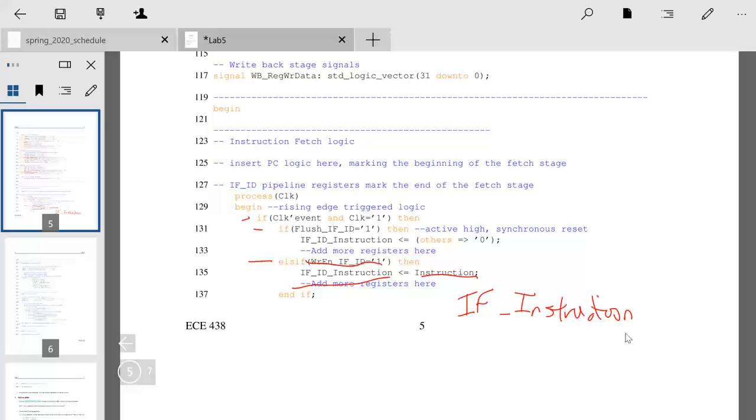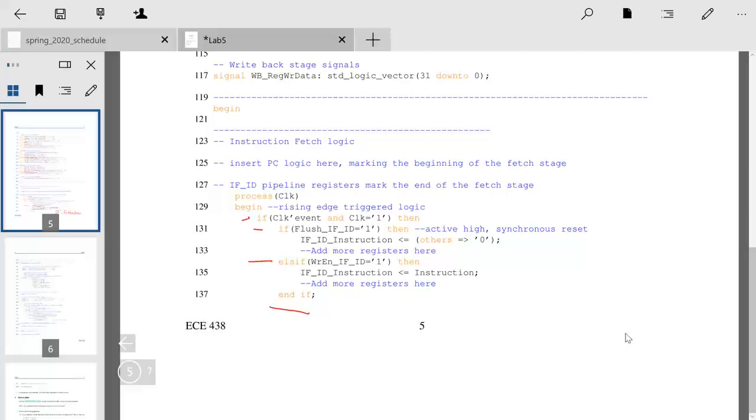This allows us to stall. If the write enable for the IFID register is not asserted, then we simply hold the previous value. So when we want to stall the front end of the pipeline, our pipeline control unit sets write enable for IFID to 0, and it'll just hold the previous instruction. Notice there's no else here.